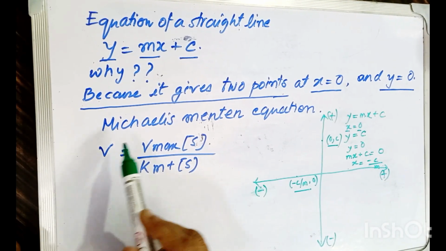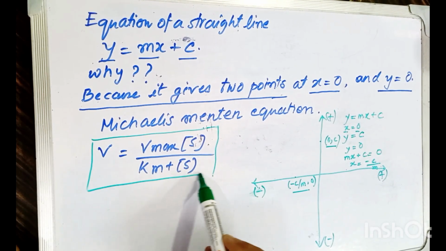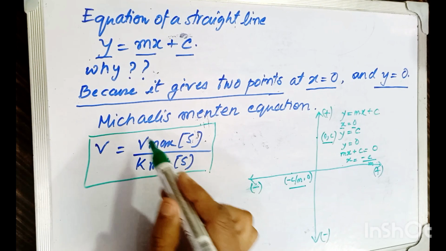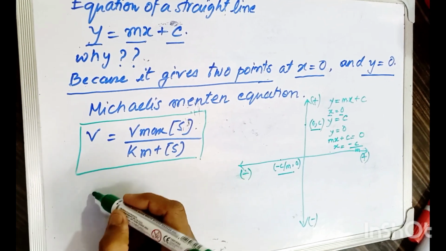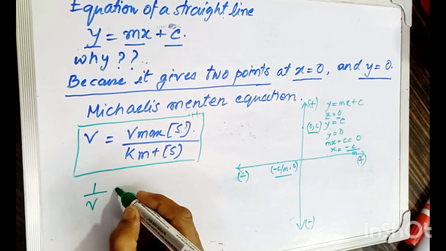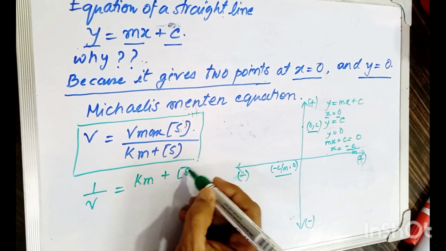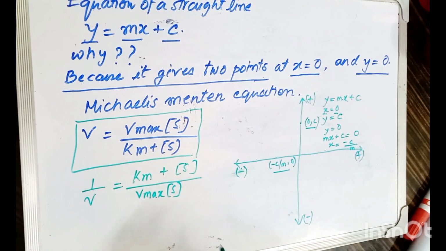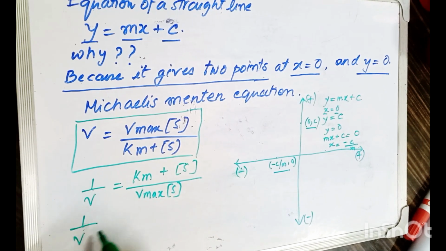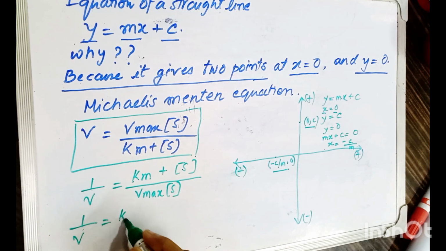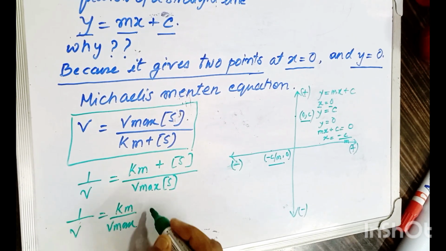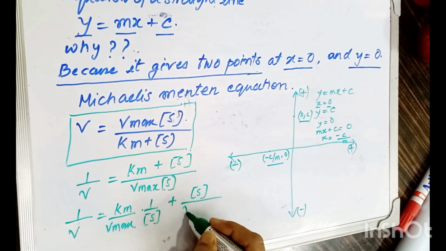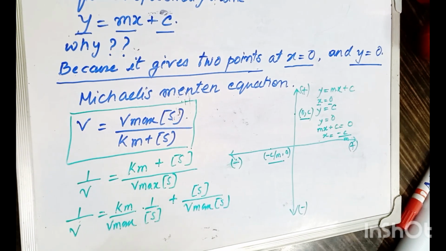This is the Michaelis Menten equation that I told you in the previous part of this class: V equal to Vmax S by Km plus S. Now if I draw a reciprocal of this equation, it is 1 by V equal to Km plus S by Vmax into S. If I separate these two parts, then Km by Vmax into 1 by S, plus S by Vmax S. If I write it like this, the S goes away.